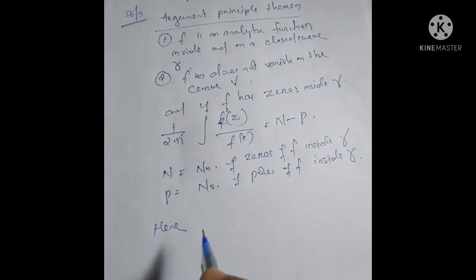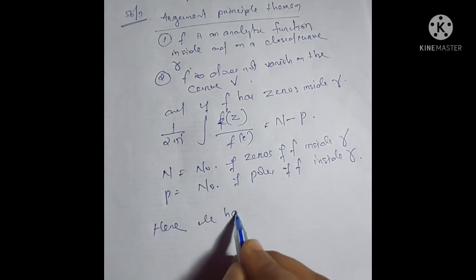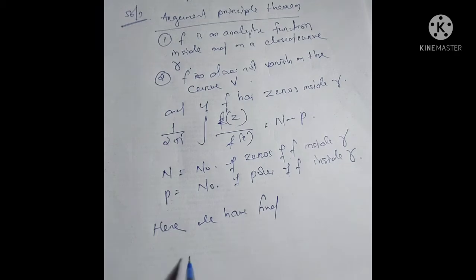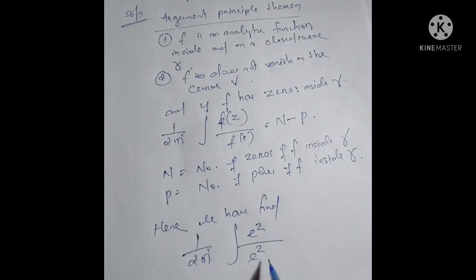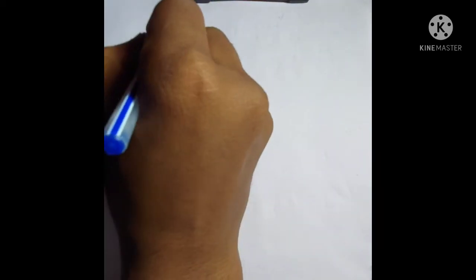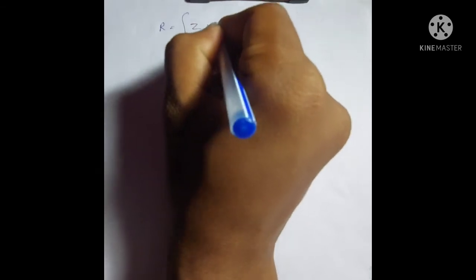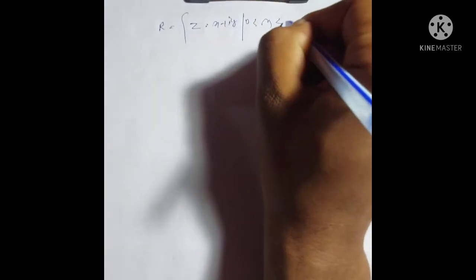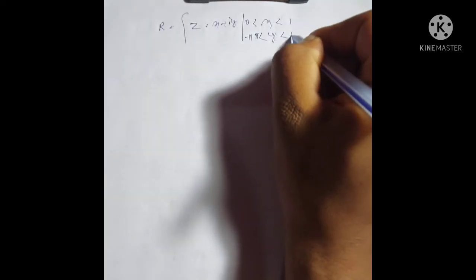Here we have to find the integral of (1/2πi) e^z/(e^z - 2) dz over a region R. Here the given region R is z = x + iy such that the real part x is greater than 0 and less than 1, and the imaginary part y is between -11π and 11π.